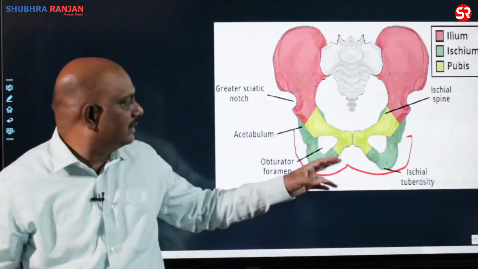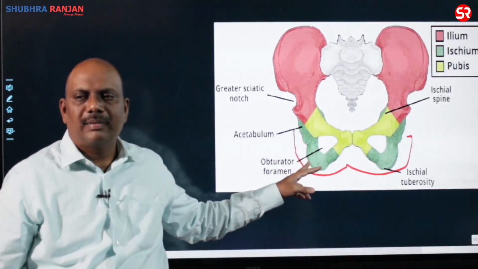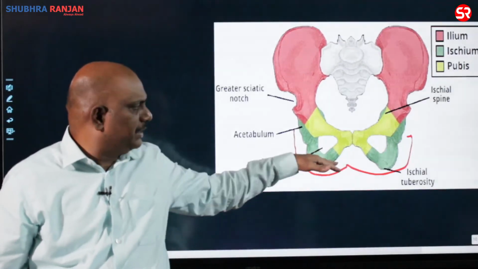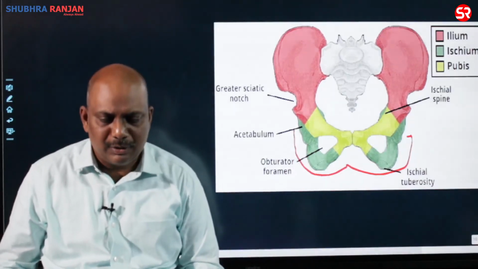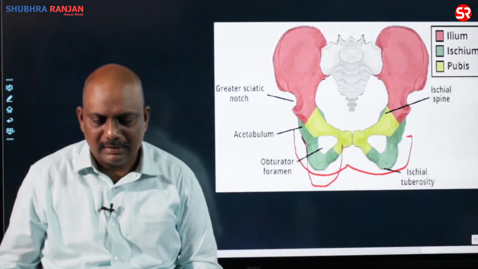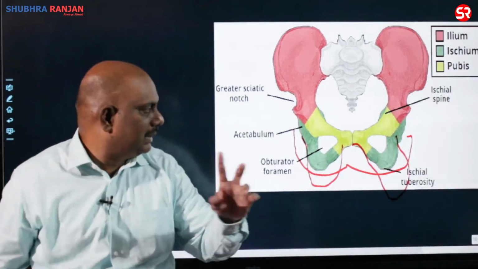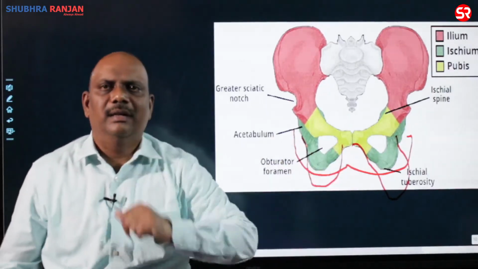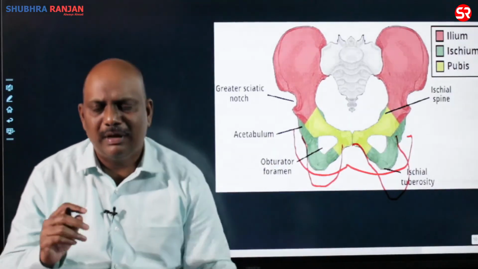This is called the ischium bone or ischial tuberosity. This bone is very short for us, but for quadrupedal animals it used to be very lengthy like this. And even for Australopithecus, these bones are very lengthy. So as a result, they altogether had a different type of locomotion.